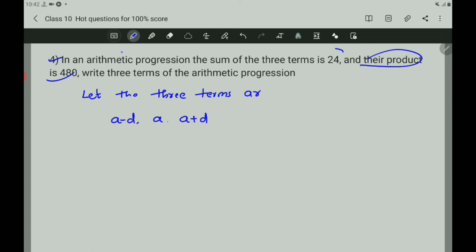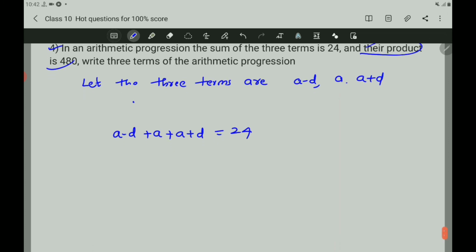Now their sum is 24. So you write A minus D plus A plus A plus D equals 24.